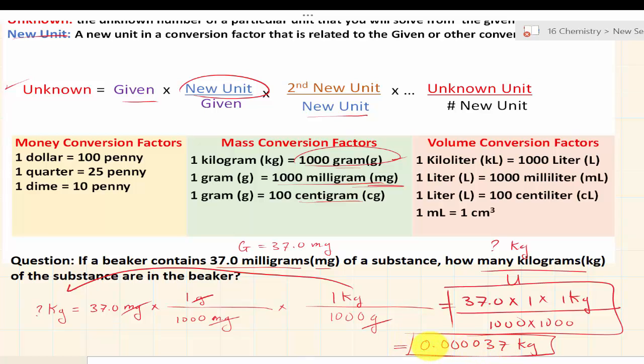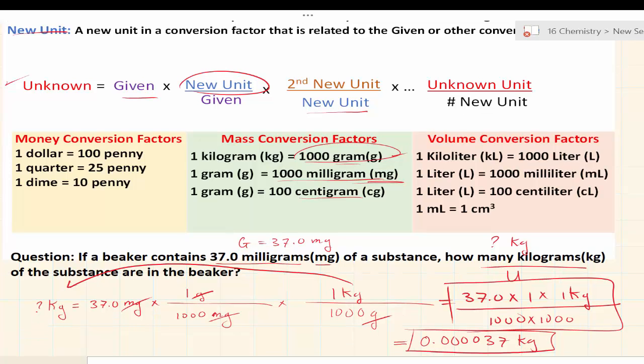This makes sense because kilogram represents a very large amount, whereas milligram represents a very tiny amount. So that's how you use more than one conversion factor to solve for the unit of the unknown.